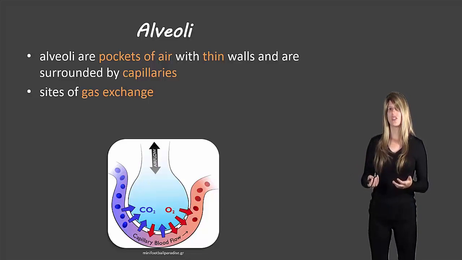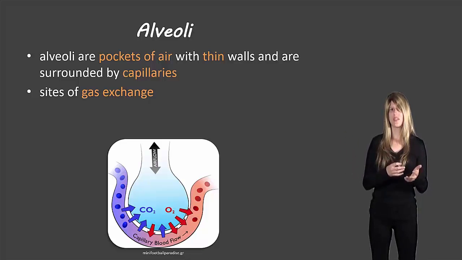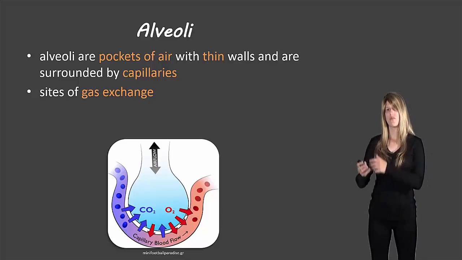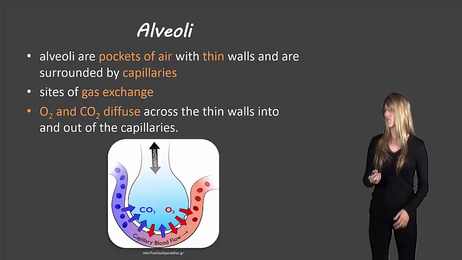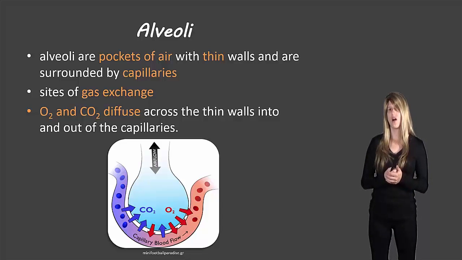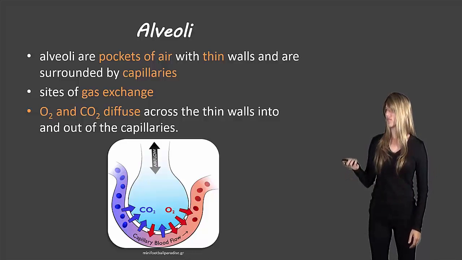This is where gas exchange occurs, and gas exchange just means oxygen from the air going into the body, into the blood cells so that it can go to the cells of the body, and the carbon dioxide from the cells of the body going out through the lungs. So here, carbon dioxide and oxygen diffuse across the thin walls into and out of the capillaries.